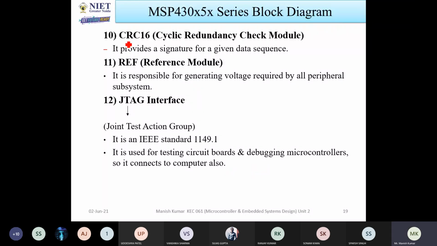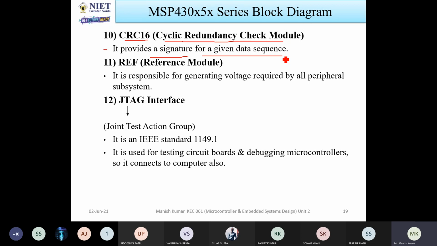Now we will discuss the CRC16, the cyclic redundancy check module. In the study also, I will tell you the use of CRC. CRC indicates cyclic redundancy check. It provides a signature for a given data sequence. Whenever you transfer data, you have to check whether this data reaches the destination or not.